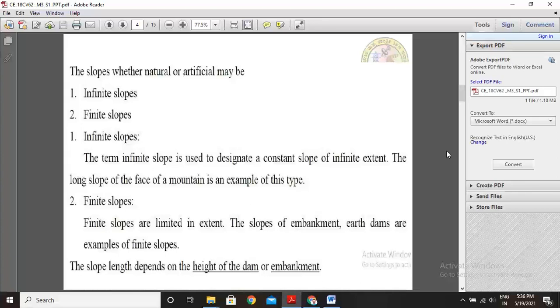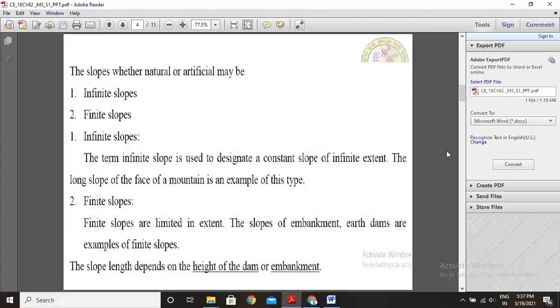The term infinite slope is used to designate a constant slope of infinite extent, endless. The long slope of the face of a mountain is an example of this type.